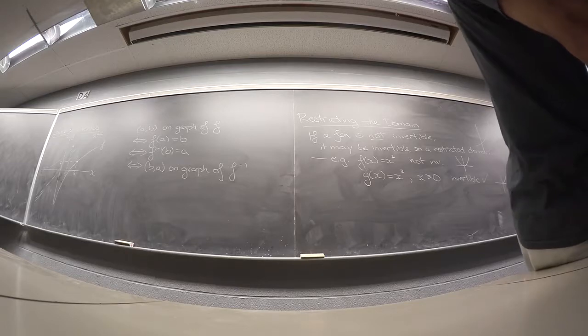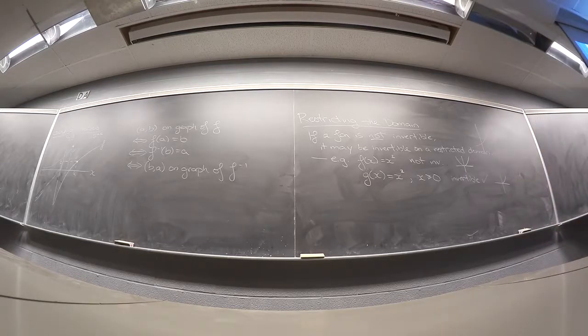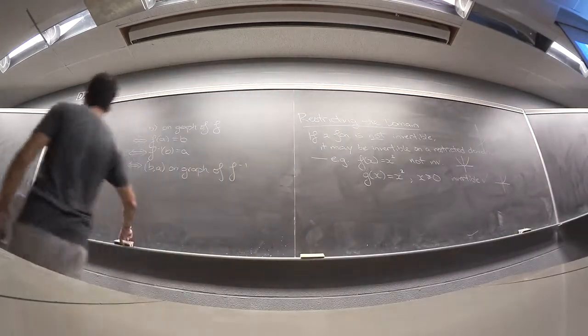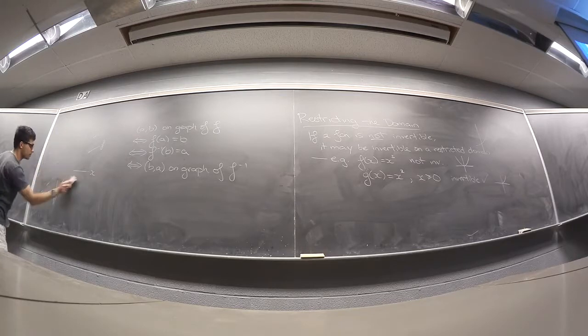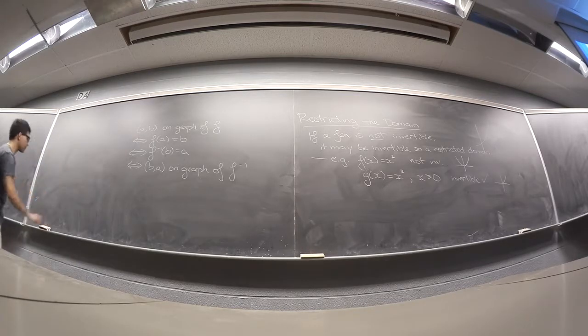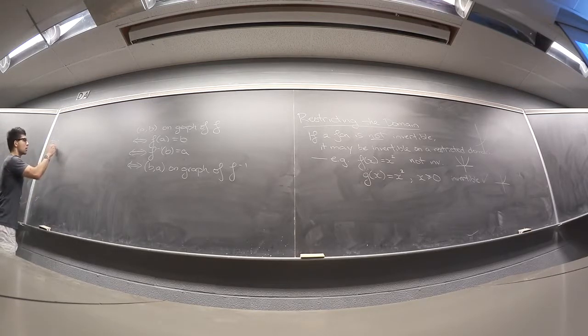X must be greater than negative pi over 2 but less than pi over 2. That's perfect, excellent. So if you restrict to just this strip, you still get the whole range, but it's one-to-one. In that restricted domain, you pass the horizontal line test. So for the tan function, we restrict it to that, and we will talk about this later.